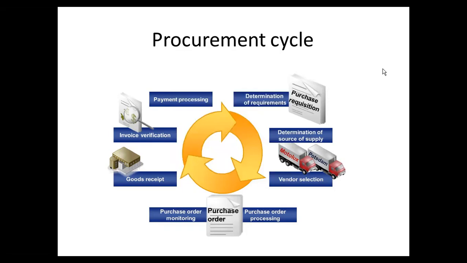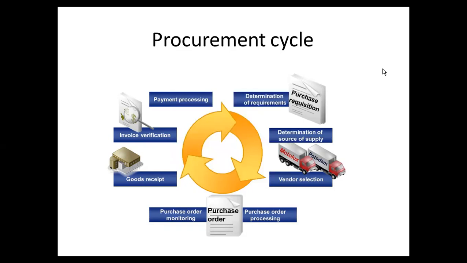That is, the production planning people will decide what all materials are required in order to produce that particular material, isn't it? So based on that, they'll create a list or bill of materials which will specify what all materials are required.